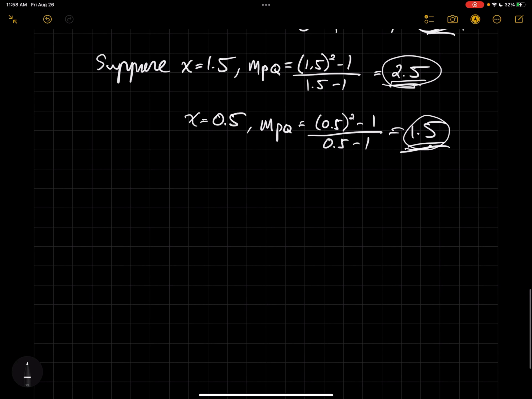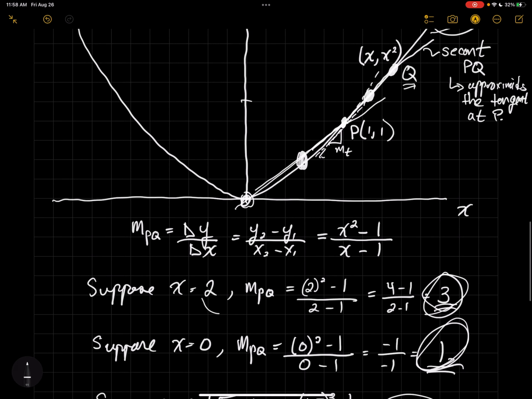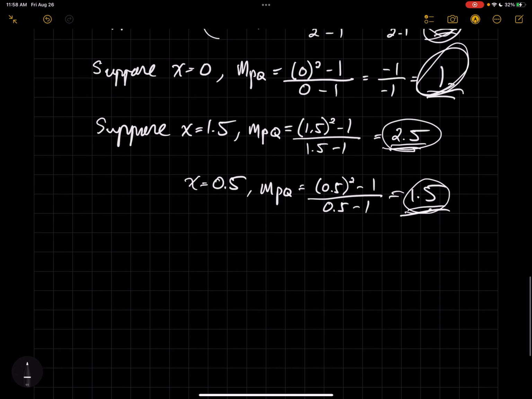So that's good, right? That means that we're potentially converging on a value of what the slope of the tangent at P would be if we can make the length of this secant, PQ, as small as possible, and try to get that secant to match the tangent as closely as we possibly can.